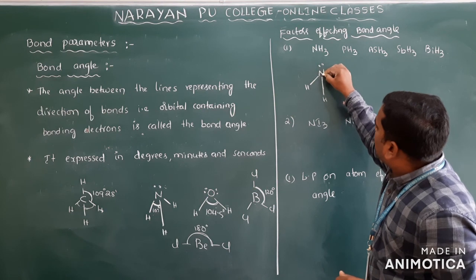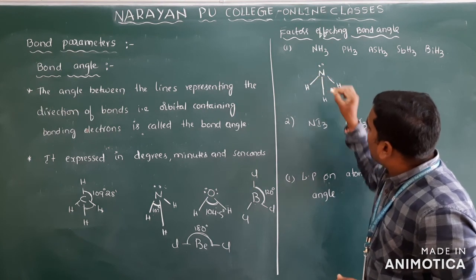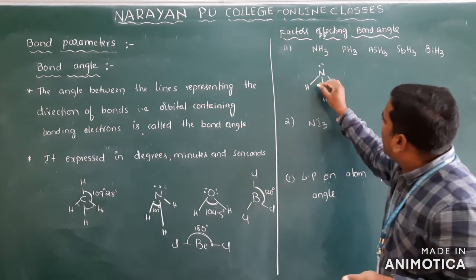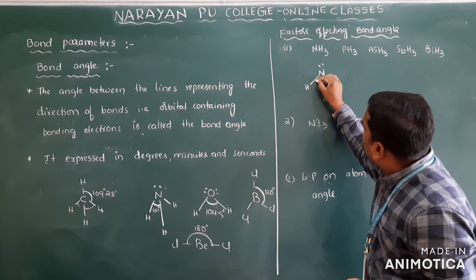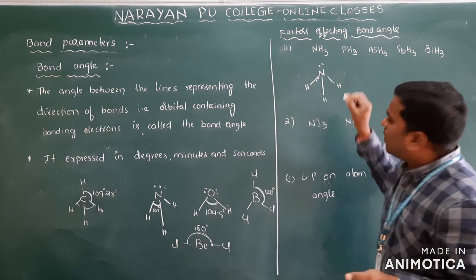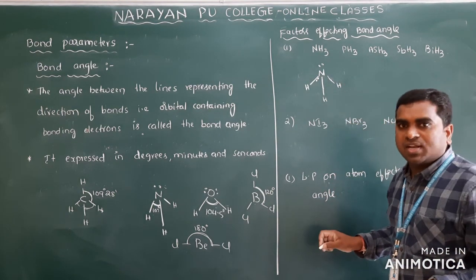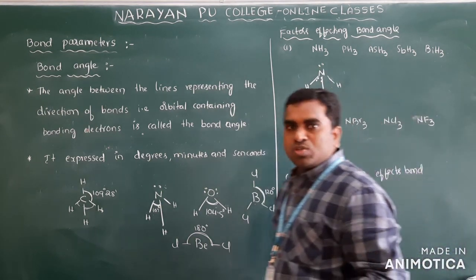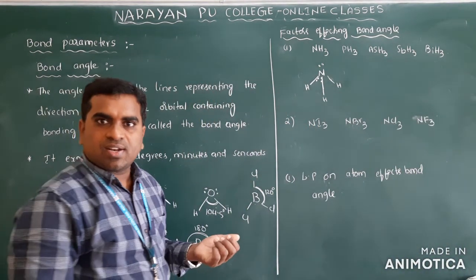See in this case, if you take nitrogen and hydrogen, which one is more electronegative? Nitrogen is more electronegative. Nitrogen being more electronegative means these bonded electrons are very close to the more electronegative atom, that is nitrogen. Here also the bonded electrons are very close to nitrogen. Then what happens?